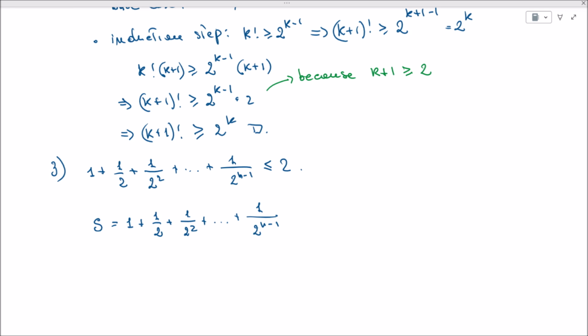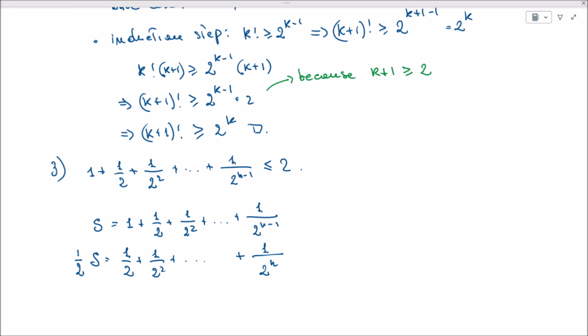And then if we multiply this by 1/2 on both sides, what we have is that 1/2 s is equal to 1/2 plus 1 over 2 to the square plus dot dot dot. The last term is going to be 1 divided by 2 to the n.